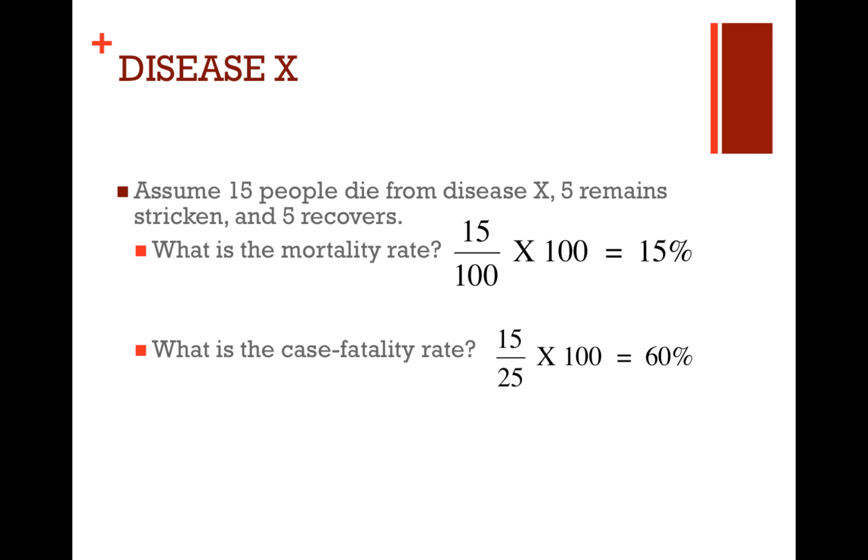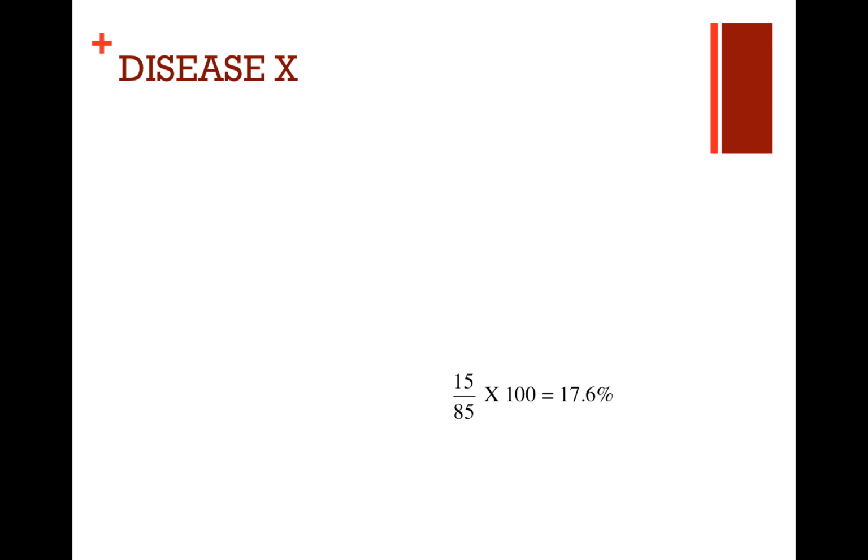And the difference between these two is that you can have a disease that has a relatively low prevalence, so not a lot of people are contracting it, and therefore your mortality rate would look lower, 15%. But it could be a highly fatal disease. So not a lot of people are getting it, but the people who are getting it are at very high risk for dying, and therefore have a high case fatality rate.